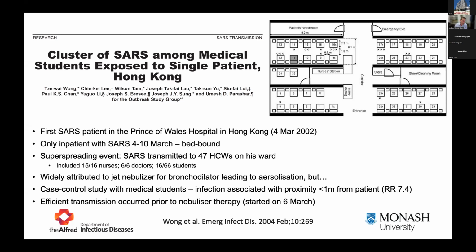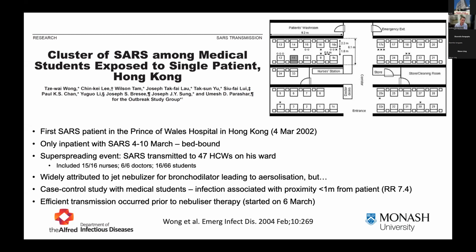So this paper reported a case control study looking particularly at those 66 students to look at risk factors amongst those students for infection. And what they found was that infection was actually most clearly associated with proximity within 1 meter from the patient, with a relative risk of 7.4 rather than the nebulizer therapy itself. And interestingly, they noted that efficient transmission occurred prior to nebulizer therapy.